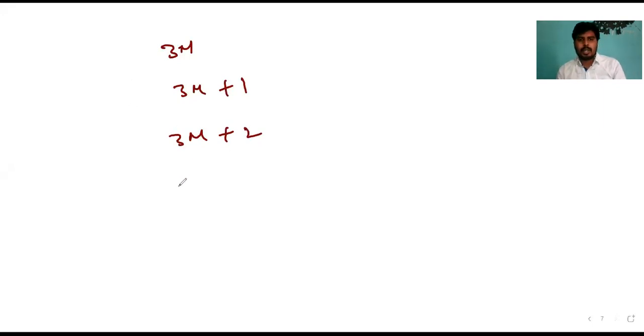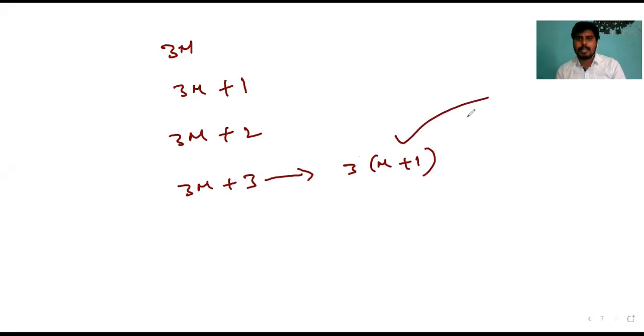And 3m plus 3 is a number that is 3 more than a multiple of 3. It is nothing but we can simply write 3m plus 1, this is also a multiple of 3. Okay, any doubts? You can please ask. I'm assuming I've given a very clear explanation. I don't know whether you got it or not.